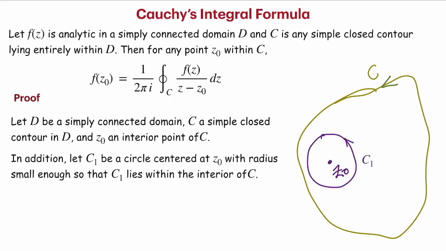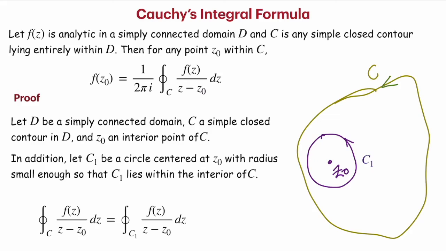We have a point z0 inside this region. We construct a circular contour around z equal to z0 with the radius a, such that the contour C1 is always inside contour C, so that no point leaves the contour C. And then we can use the earlier Cauchy's theorem to evaluate the integral.